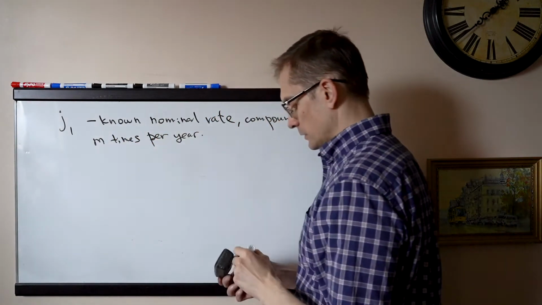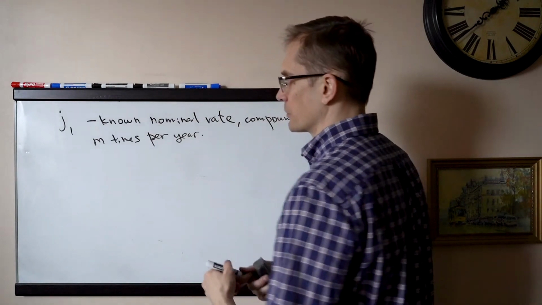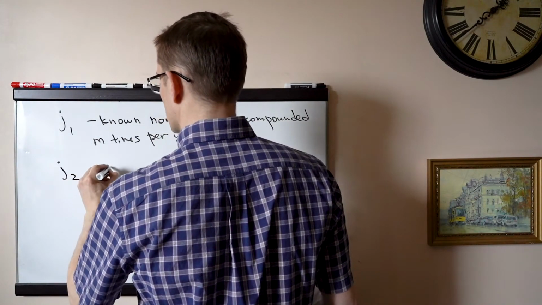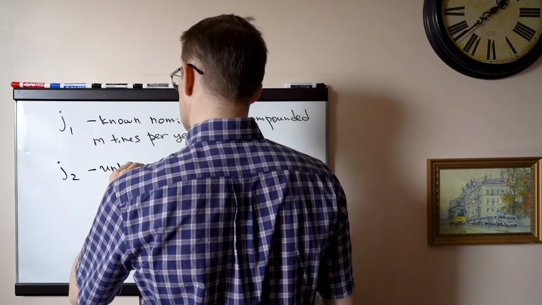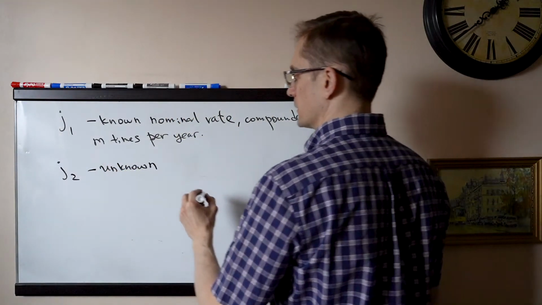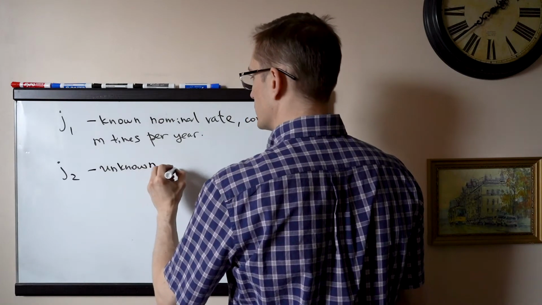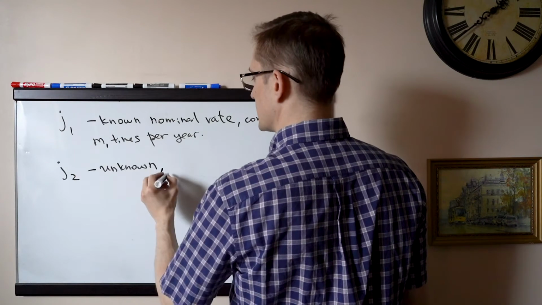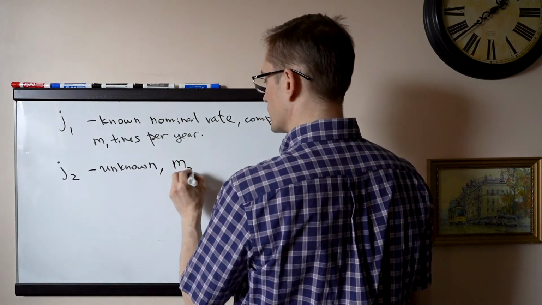The same thing, I can say that I have some rate J2, which is an unknown rate, compounded M2 times.